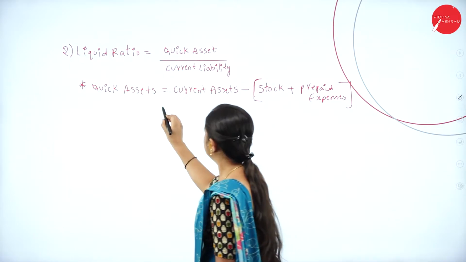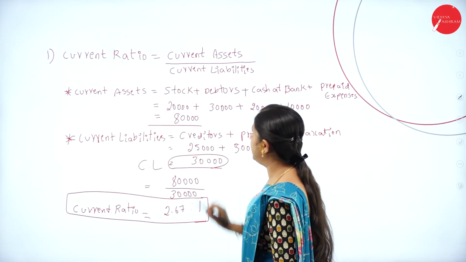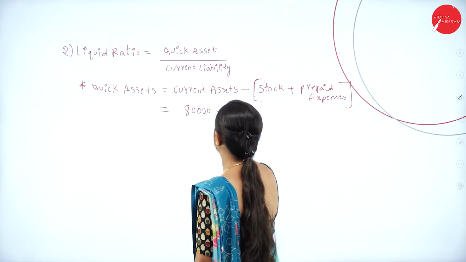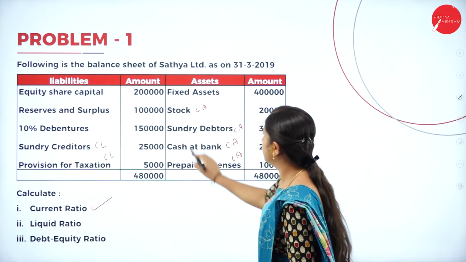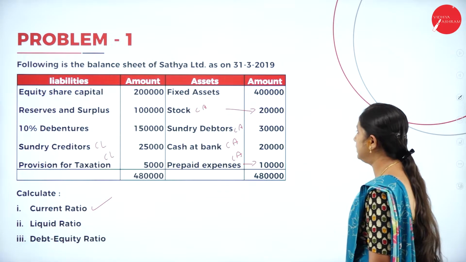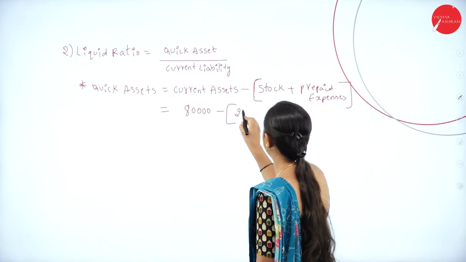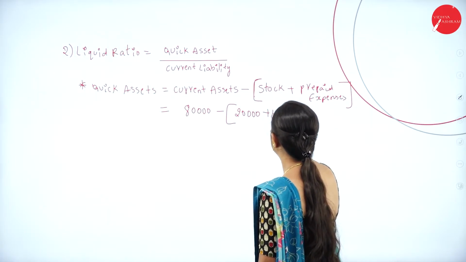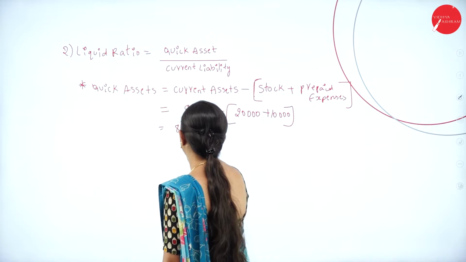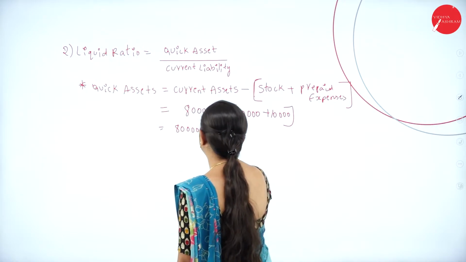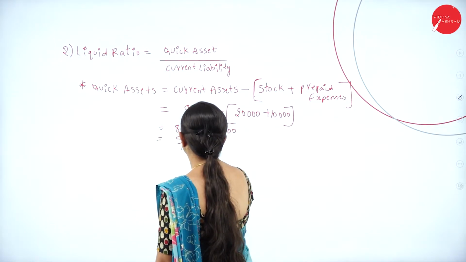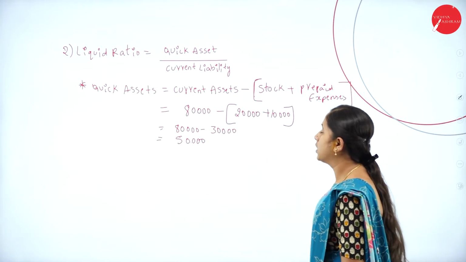In this problem, the total current assets is equal to 80,000 minus stock. Here, stock is 20,000. Then prepaid expenses 10,000. 20,000 is stock plus 10,000 prepaid expenses. So 80,000 minus 30,000 is equal to 50,000. 50,000 is quick assets.